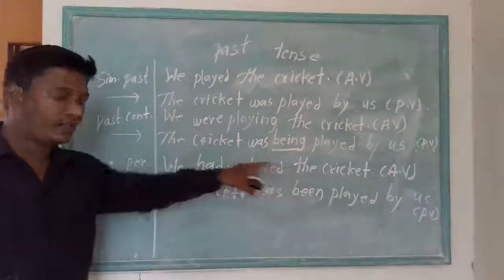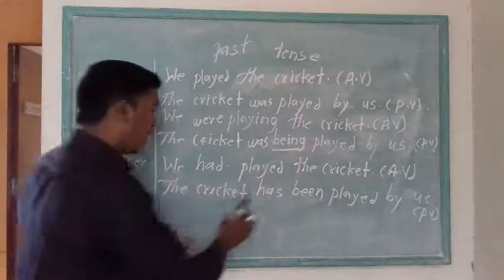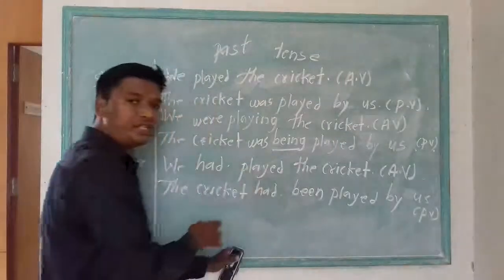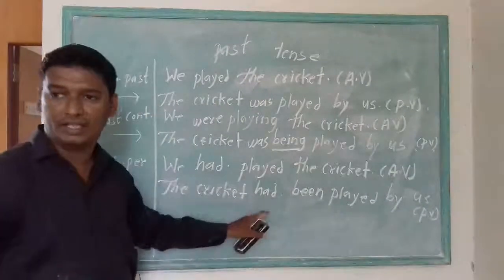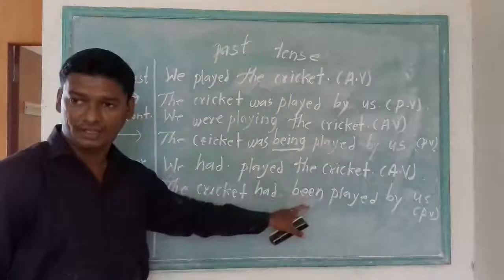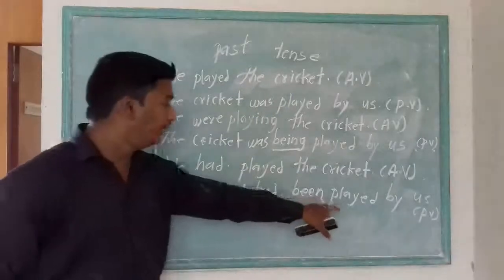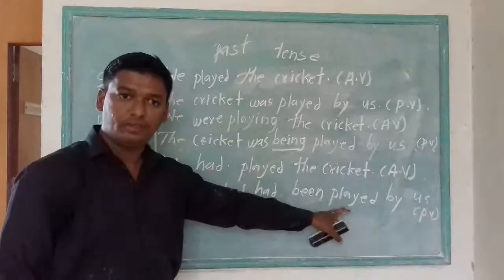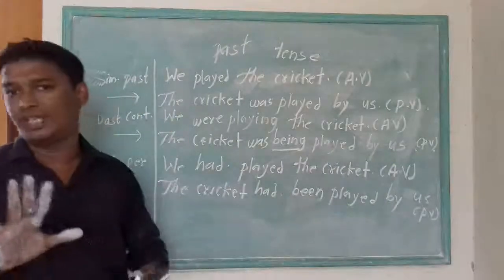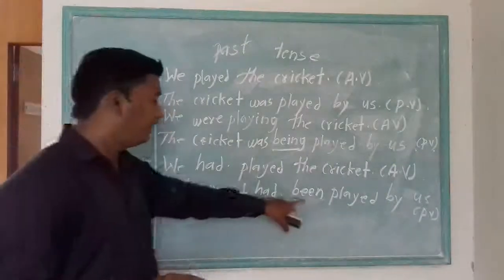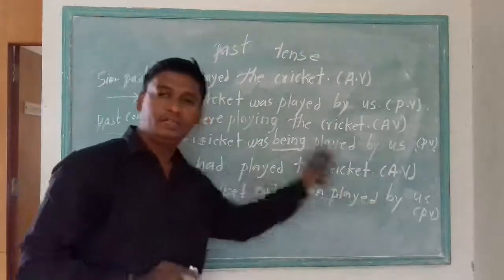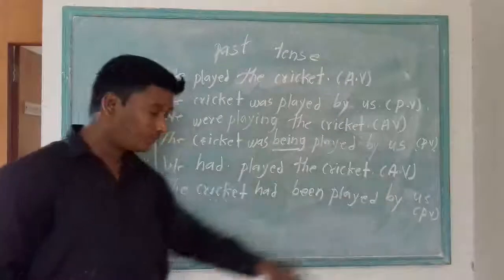Take first the object, the cricket, then had as it is. It is perfect tense, so take been after had. Okay. Then V3, played. In perfect tense, V3 is always given, so don't change it. After been, take played as it is in the given AV, then put by, then we changes to us.